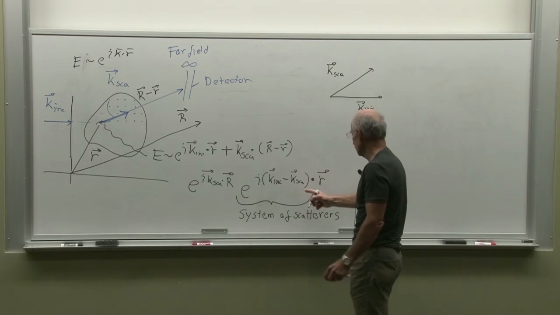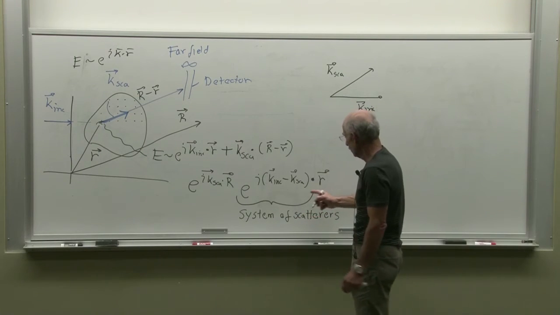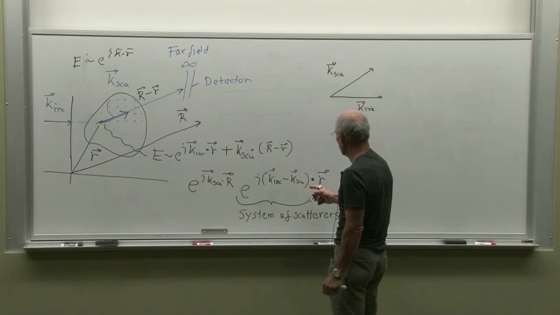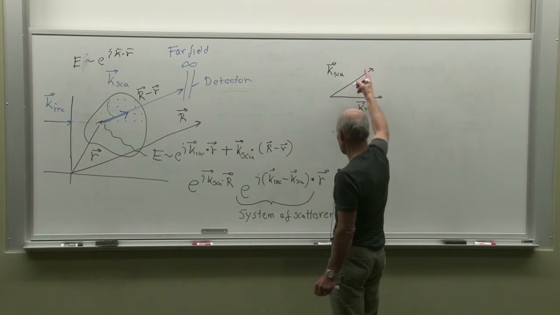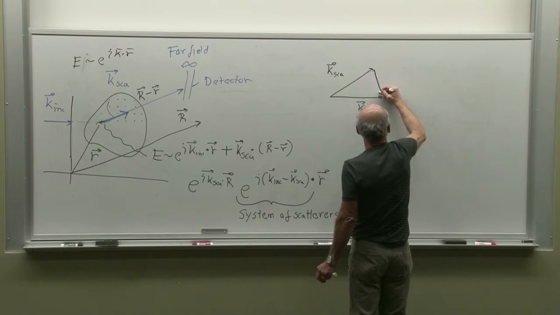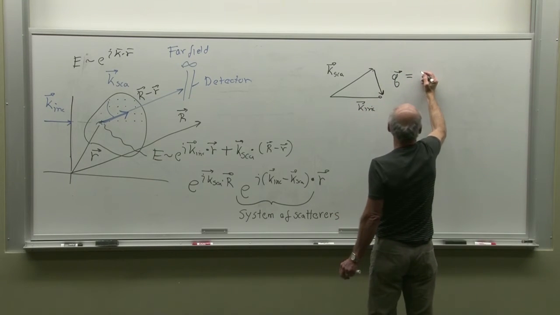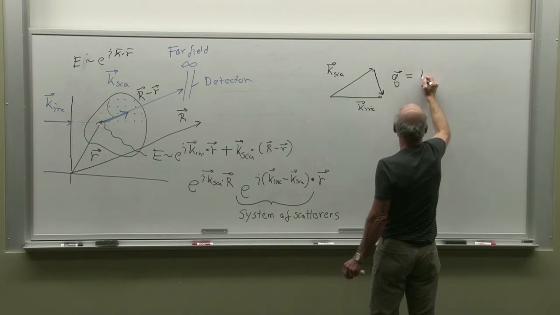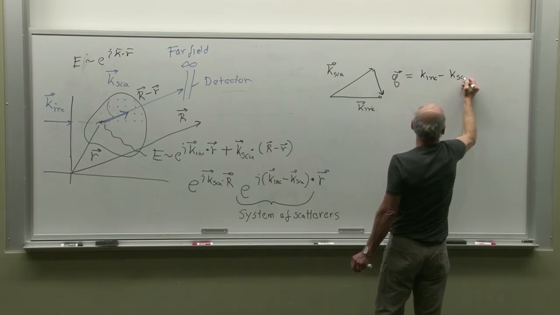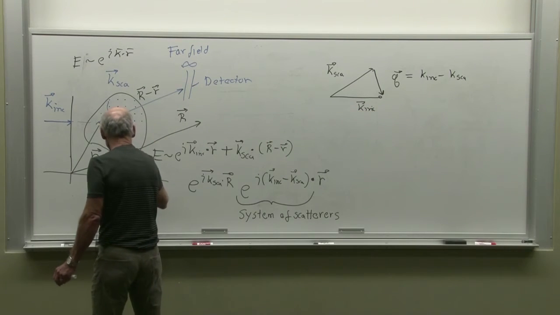Whatever this is, I'm going to call it Q. If I added Q to K scat, I would get K incident. So Q is right here. And this came off at some angle, theta.